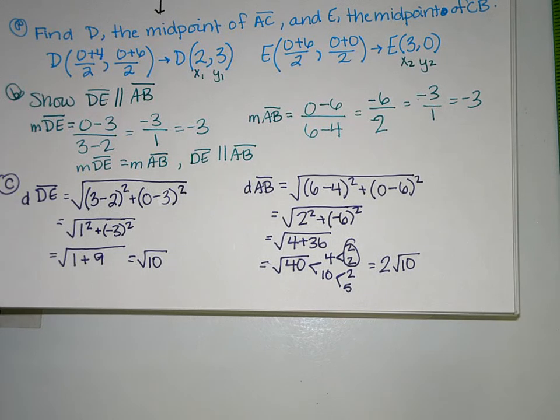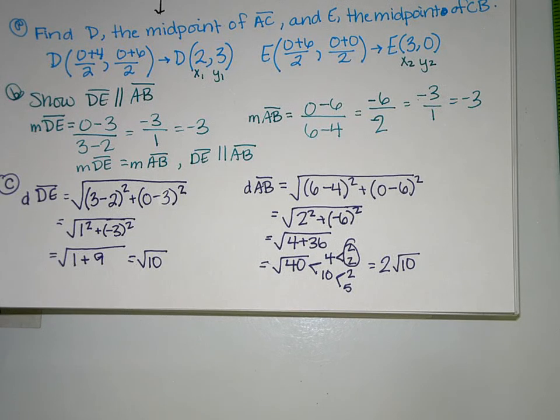Okay, this is all we're doing today, is just practicing these 3 formulas to show that lines are parallel, to show that one line is twice as big as the other, and to find midpoints. Your homework only has 3 questions, because did this take a while? Yes.